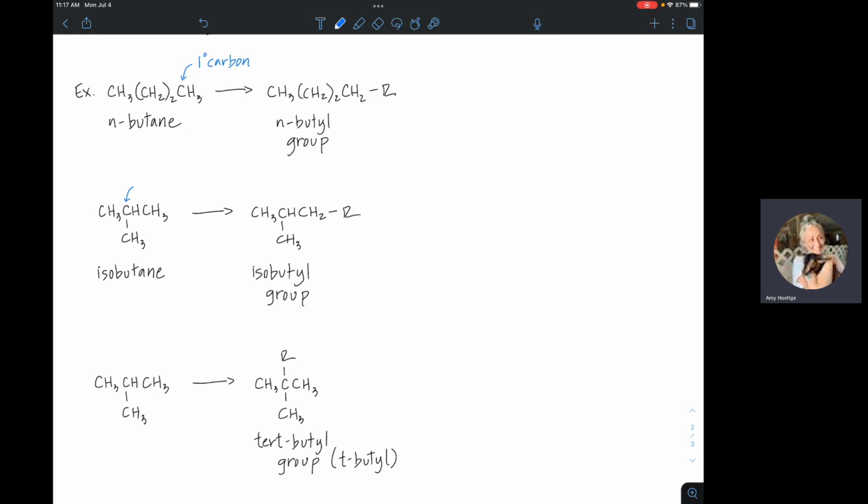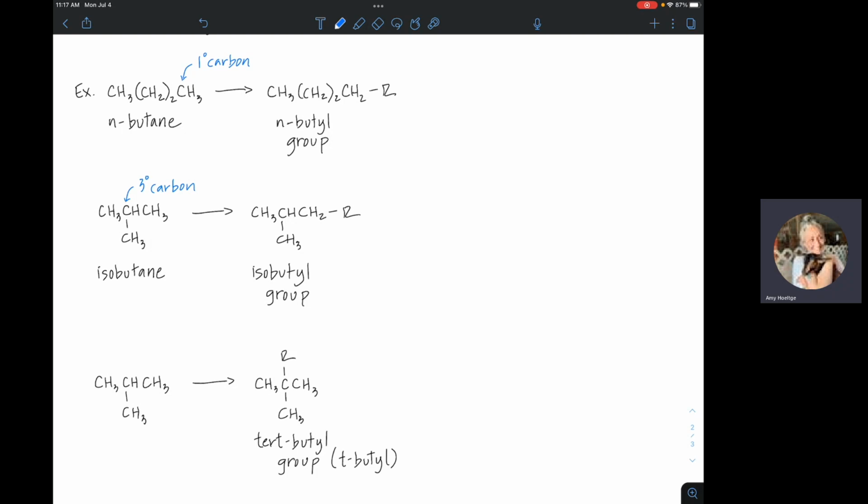Down here, if you were to imagine each one of those methyl groups is an R group, and then that carbon is attached to just a hydrogen and those 3 R groups, we have 3 R groups, so a tertiary carbon. So that's where that tert-butyl comes from.